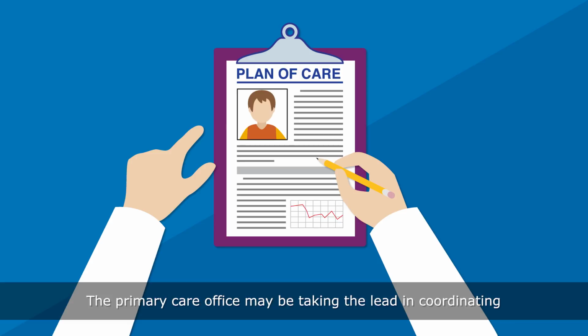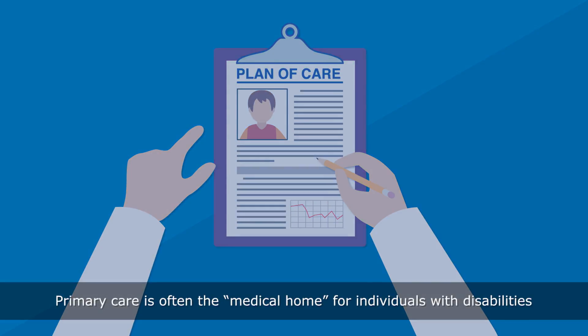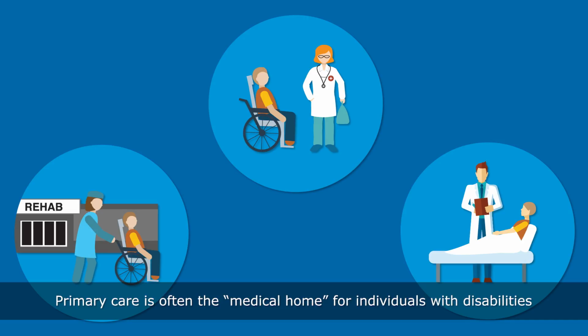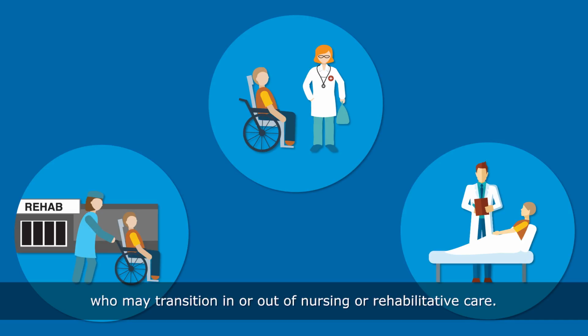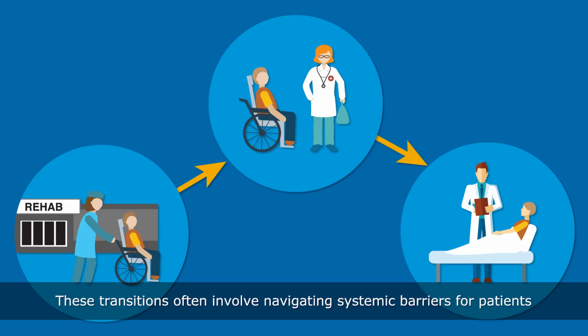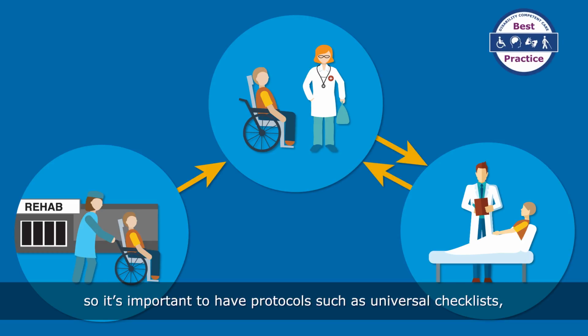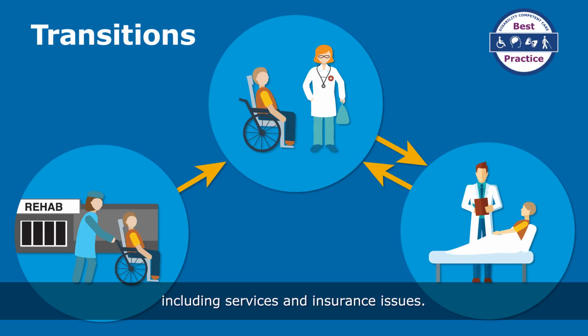The primary care office may be taking the lead in coordinating the care planning, or they may be assisting with care planning. Primary care is often the medical home for individuals with disabilities who may transition in or out of nursing or rehabilitative care. These transitions often involve navigating systemic barriers for patients, so it's important to have protocols such as universal checklists and staff or referral sources who are trained to manage transitions, including services and insurance issues.